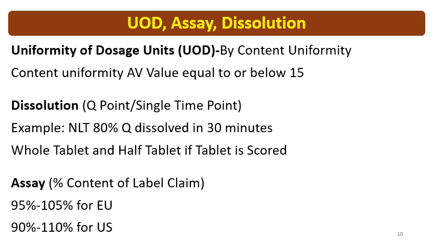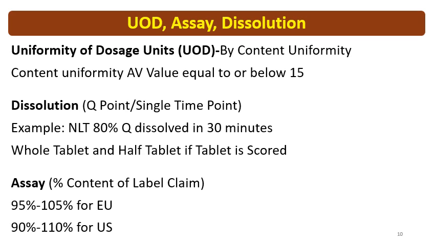Then uniformity of dosage units. This is also called UOD. Earlier it was done by mass variation, that is uniformity of dosage units by mass variation or weight variation. But nowadays all the regulatory authorities are asking for uniformity of dosage units by content uniformity.